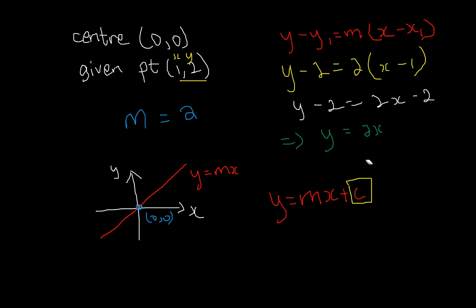The plus 0 is understood. So just recapping that, that's why it makes sense that this equation is y is equal to 2x without a plus c, because it passes through the origin. That means it does not cut the y-axis, and it does not have a c.